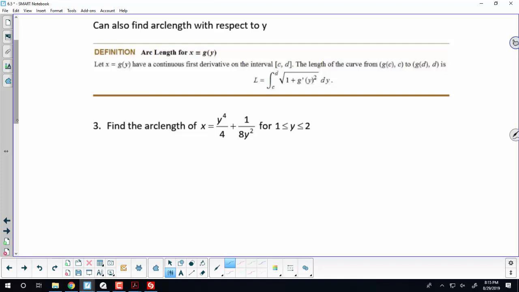This example is a little bit more involved because, fortunately for us, when we're finding these types of integrals, these more complicated ones where we don't have a U substitution approach, these more complicated functions will always work out to be a perfect square, meaning the 1 plus derivative squared part will come out to be a perfect square, so you can take the square root of it.